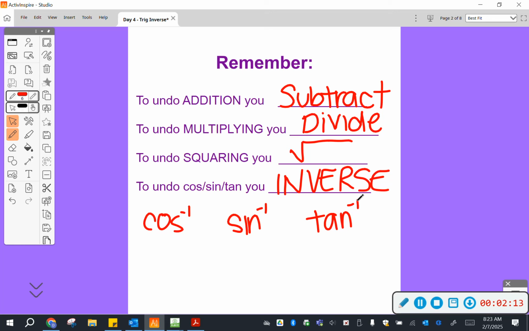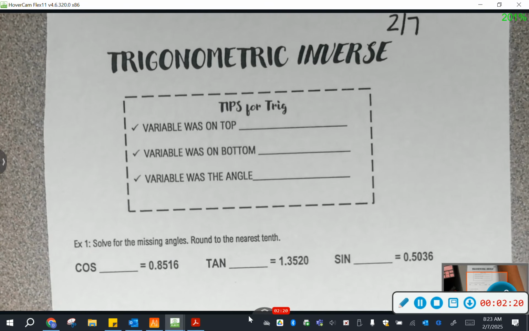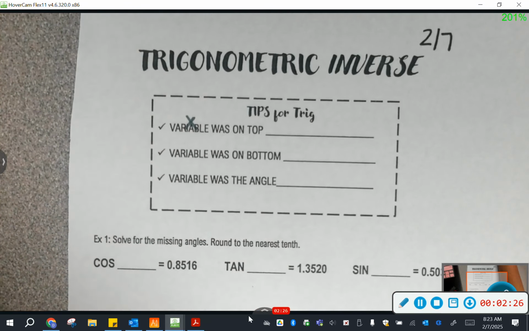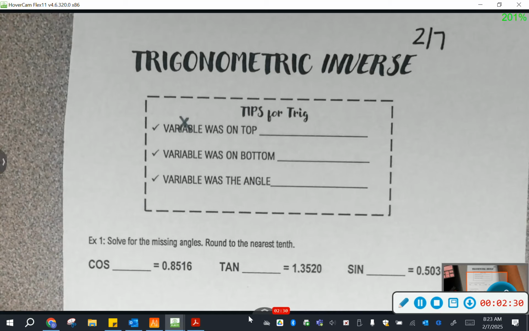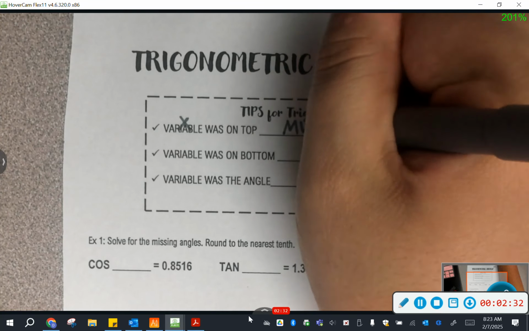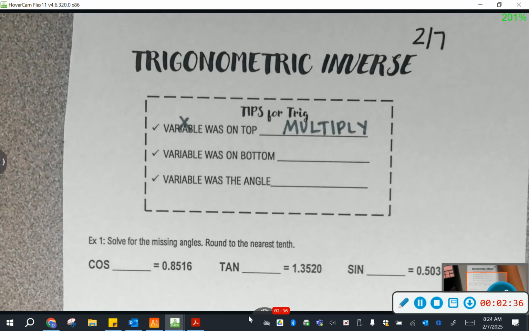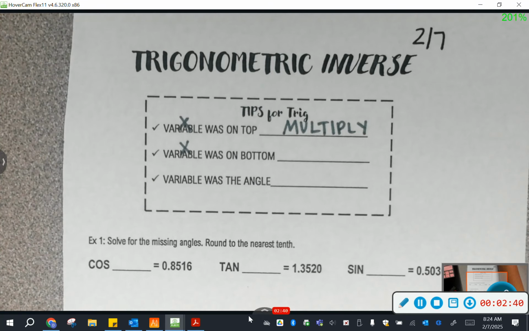So I would like you to please go to your notes that you picked up today when you walked in. At the top it says, when the variable is on top, remember variable is like another word for a letter, an X. When the variable is on top, what did we do? Multiply? We multiply. Everybody write multiply there. What about when our variable is on the bottom? When X is on bottom, what did we do?